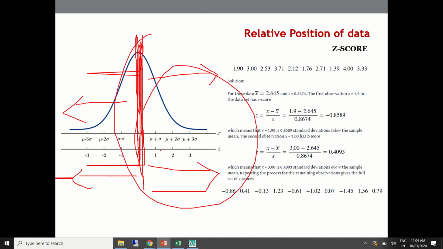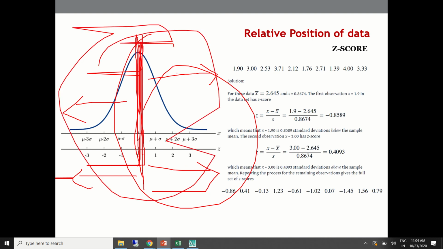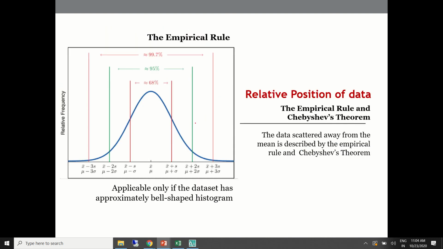What do we use this Z score for? Z score also tells us how the data is spread, or how the data is relatively positioned in the overall data set. This can be understood by theorems as well.